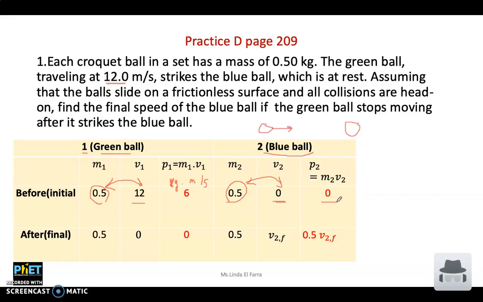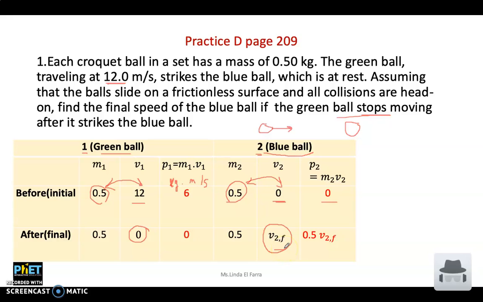Now this is before the collision. After the collision, what will happen? Find the final speed of the blue ball if the green ball stops. So the green ball's velocity is 0 because it stops. Now the blue ball continues to move with a final velocity, I don't know it, so I will write it simply as v2, second object, final velocity.